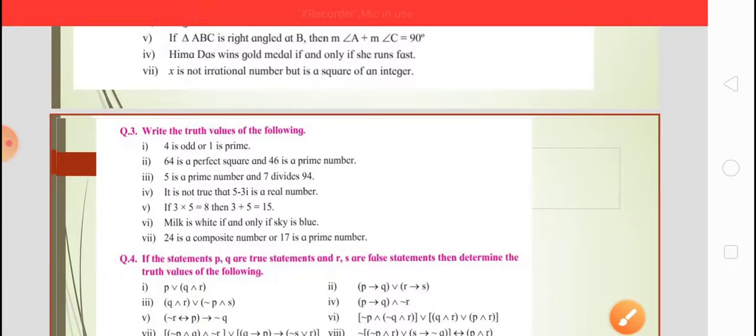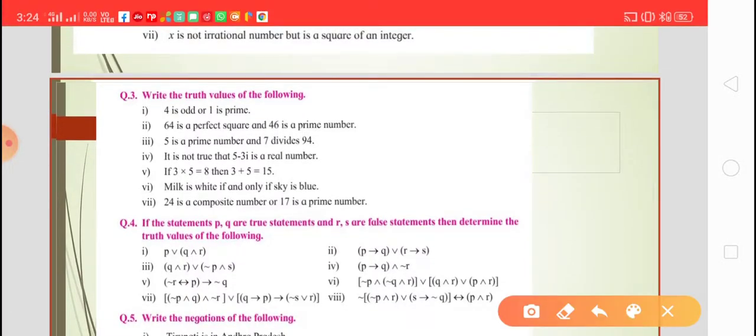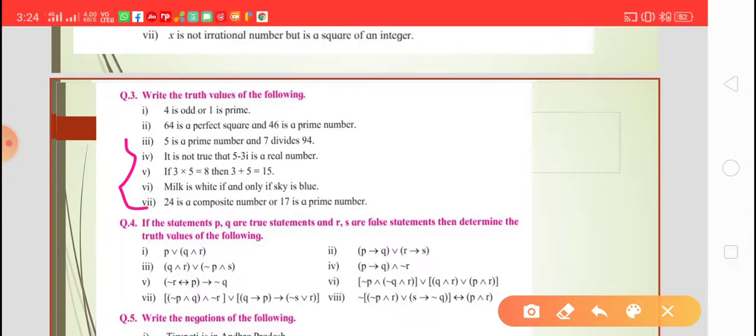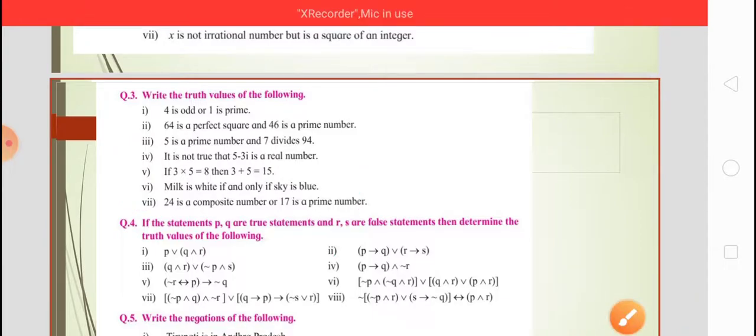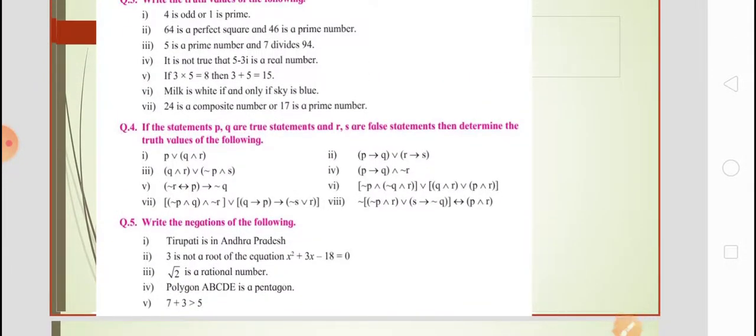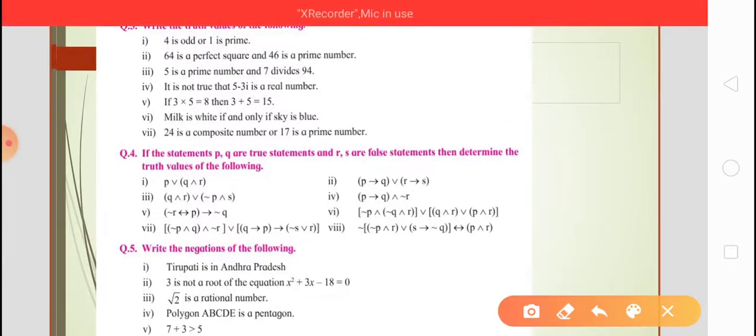So friends, in a similar way you must find the truth value for all these statements. Okay, now take the next question for this exercise. What is that question?